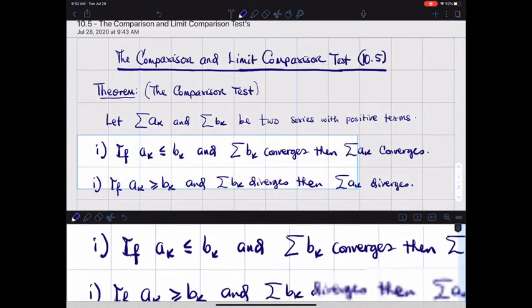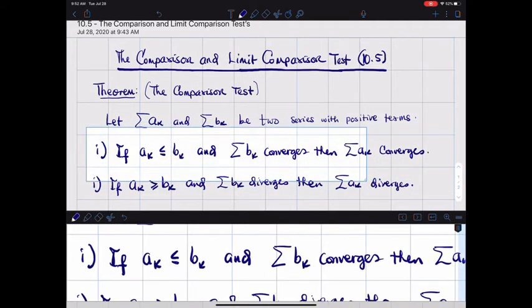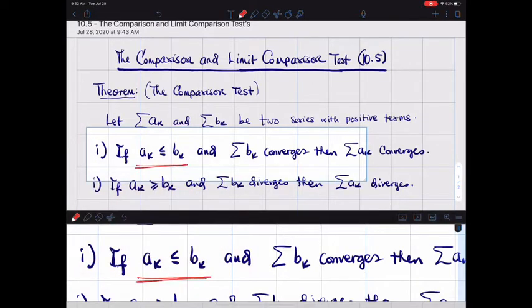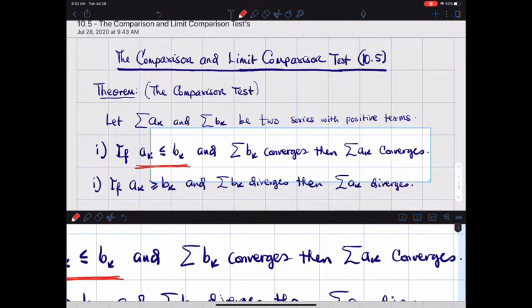So think about it. If a_k is less than b_k, this means the series b_k, its sum, is going to be larger than the series a_k. Any partial sum is going to be larger. So if b_k is greater than a_k and b_k converges, then a_k converges.